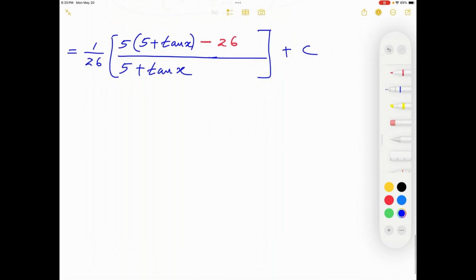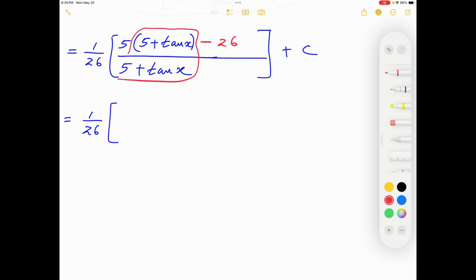Alright, what I'm going to do next is split this fraction into 2 pieces, by grouping this part as one fraction and grouping negative 26 over 5 plus tangent x as another fraction. When I do that, I get 1 over 26, open bracket.